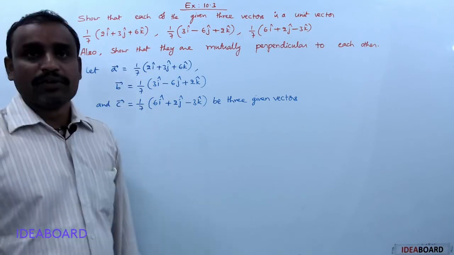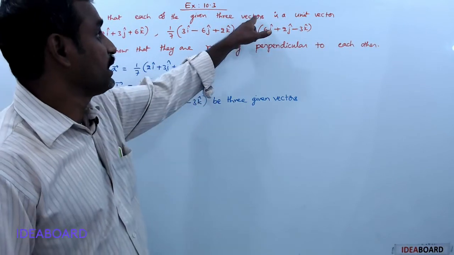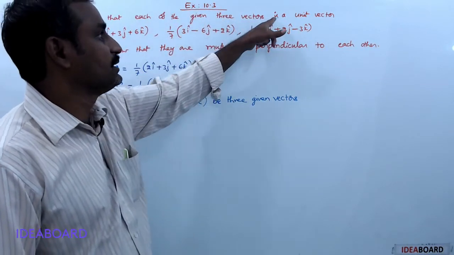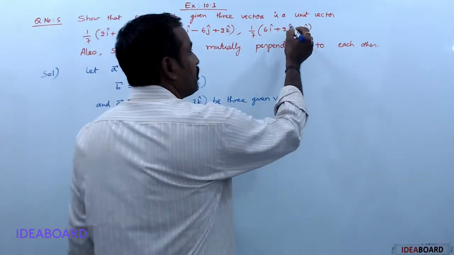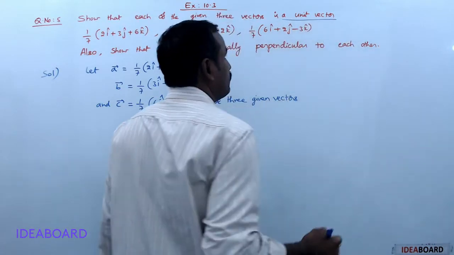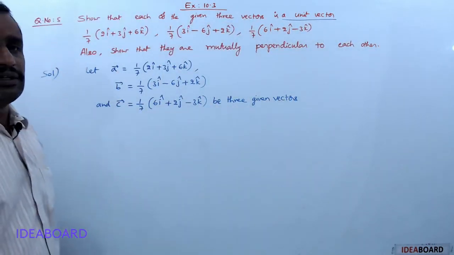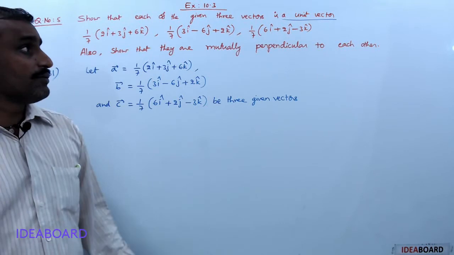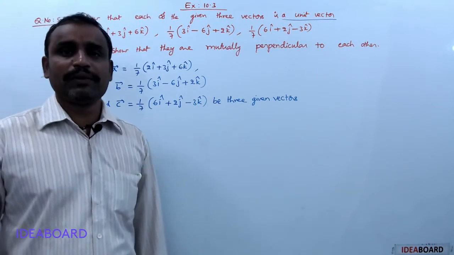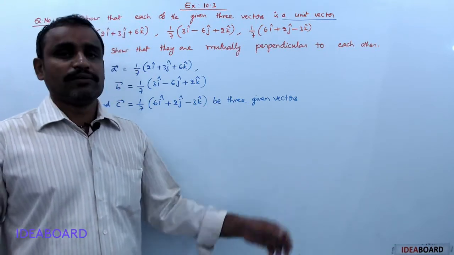After that we can show that each of the given vectors is a unit vector. According to the definition of a unit vector, the magnitude of the vector is unity.